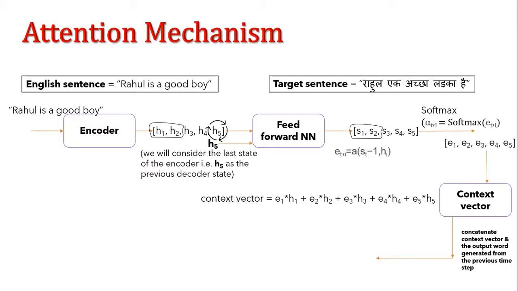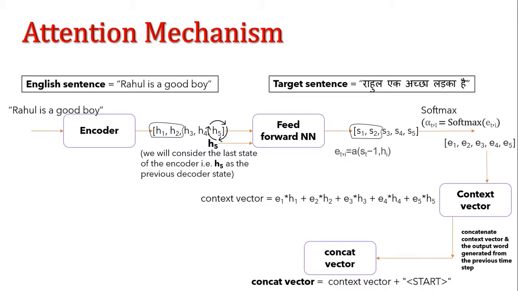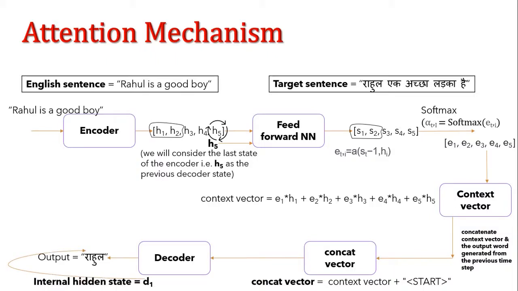Guys, just to add one thing over here: for the first timestamp, since there is no output from the previous timestamp, we use a special start token for this purpose. After all this processing, the decoder then generates the next word in the sequence, that is Rahul, and along with the output, the decoder will also generate an internal hidden state, and let's call it D1.